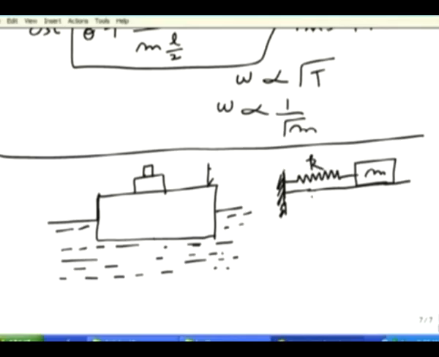This is K. Now, in this case, if you disturb it from the position, the restoring force tries to bring it back.